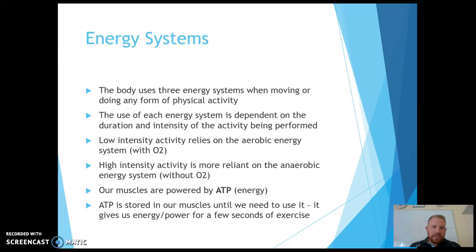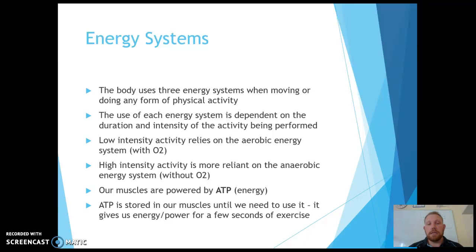So basically, for a start, the body uses 3 energy systems when moving or doing any form of physical activity. The use of each energy system is dependent on the duration and intensity of the activity being performed. Low intensity activity, or I would actually say more moderate to high intensity, is the aerobic system.